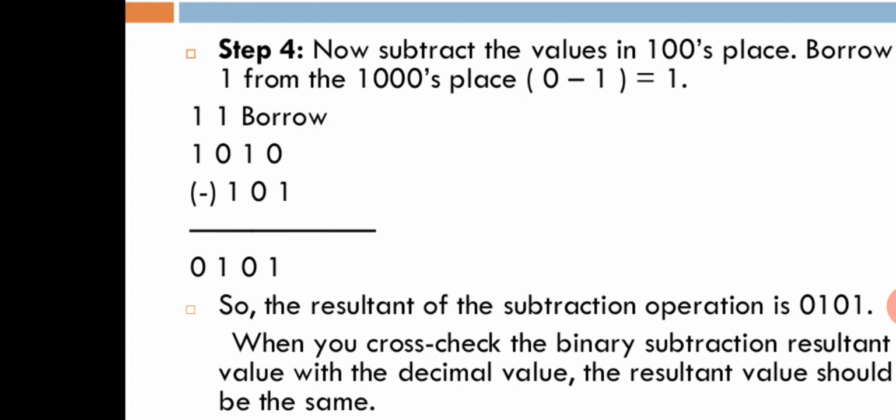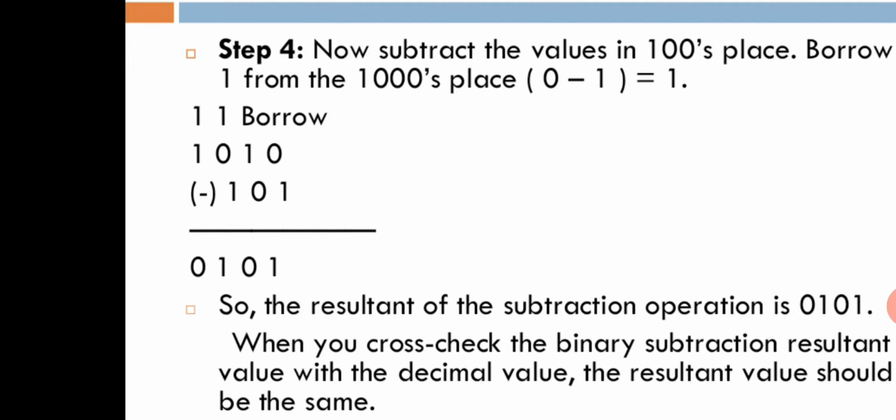It is 4 plus 1, 5, isn't it? So that is the reason why I said 10 minus 5 is 5. So ultimately you are going to get the value as 5. The result of the subtract operation is 0 1 0 1. You can cross check the binary subtraction result by converting the result to the decimal system, so that you are going to get the actual number.